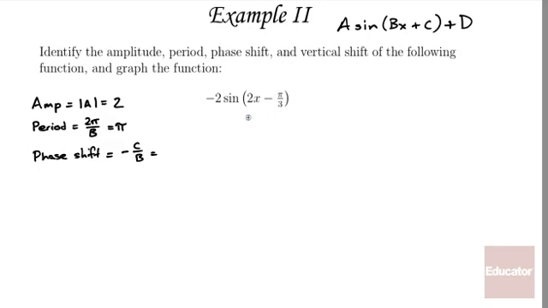So negative of that is pi over 3 divided by 2 will give us pi over 6. And finally, the vertical shift is d, which in this case is just 0.